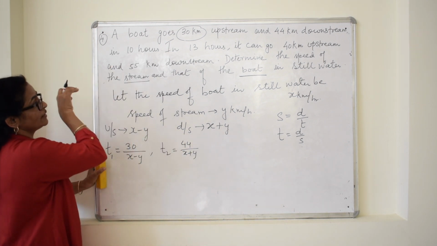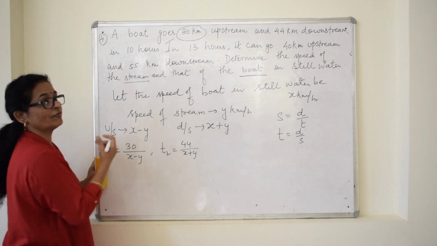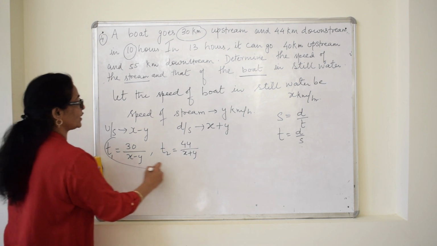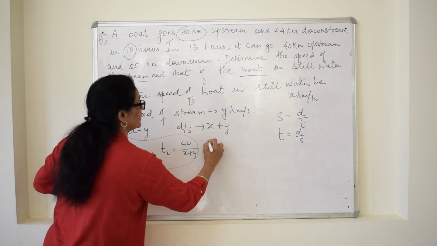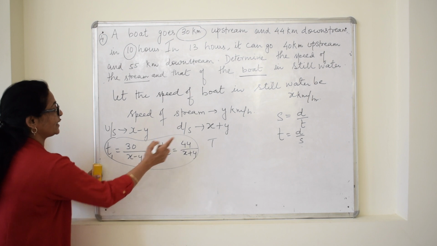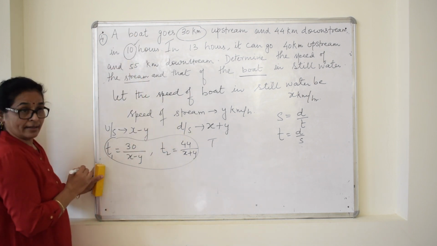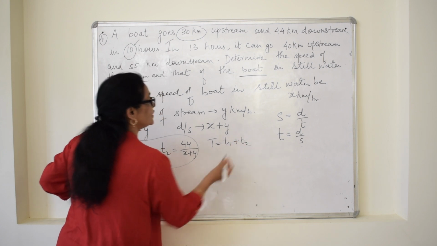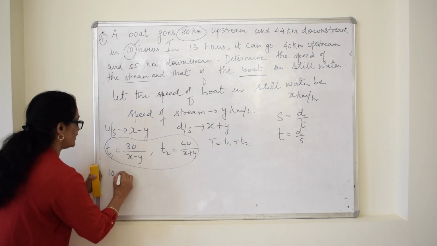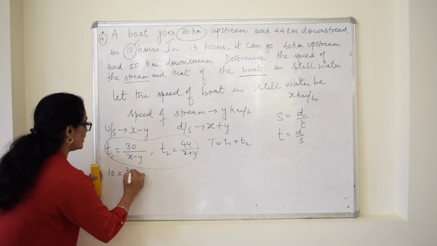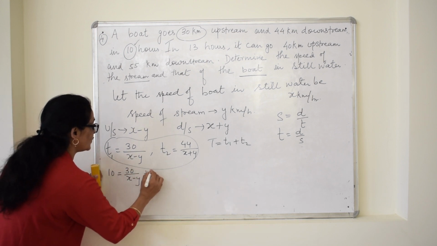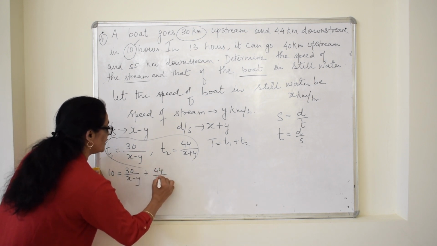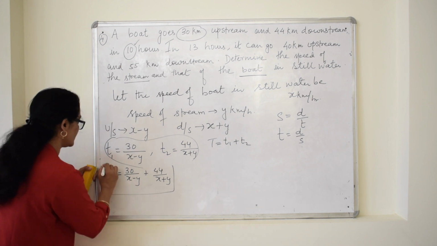It is covering 30 kilometers and 44 kilometers in 10 hours. Suppose this total time taken is capital T, which is given to us as 10 hours. So the relation is T equals t1 plus t2. It means 10 equals 30 upon x minus y plus 44 upon x plus y. This is the first case.